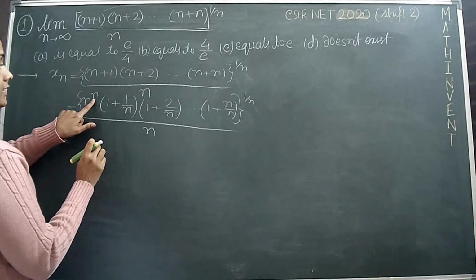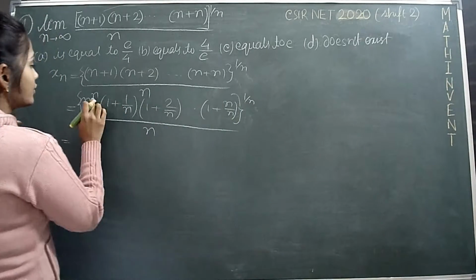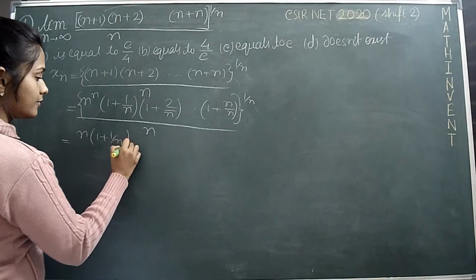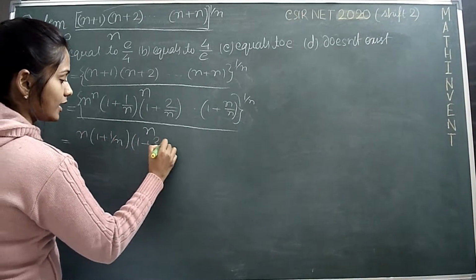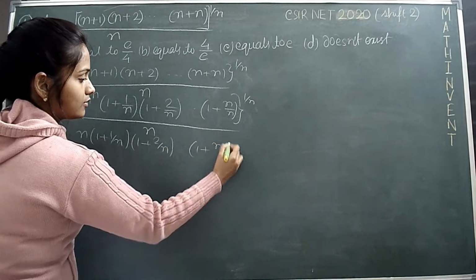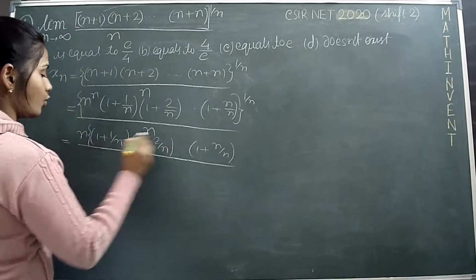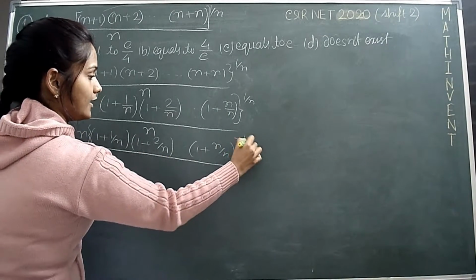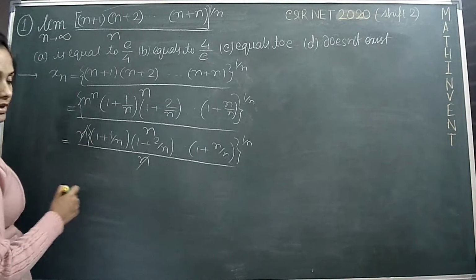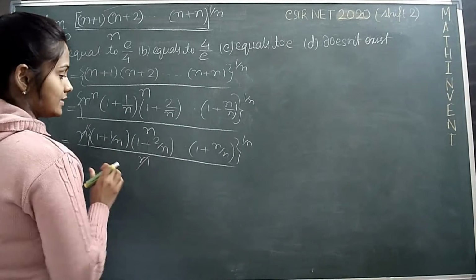The power and this 1 by n get cancelled out. So we will have n into 1 plus 1 by n, 1 plus 2 by n, up to 1 plus n by n, whole power 1 by n. Here n and this n will get cancelled out, so we have xn equal to this expression.